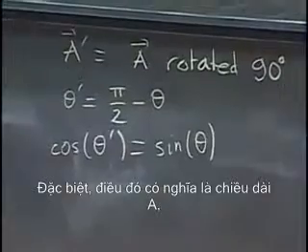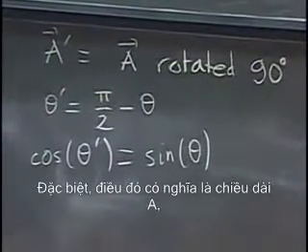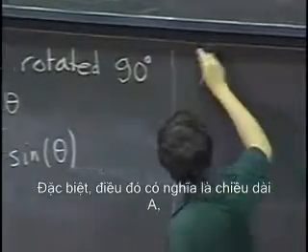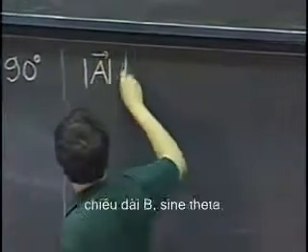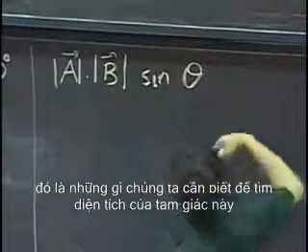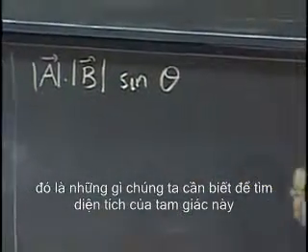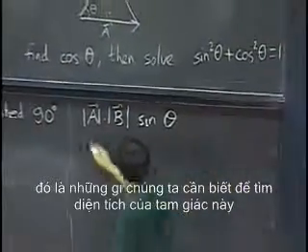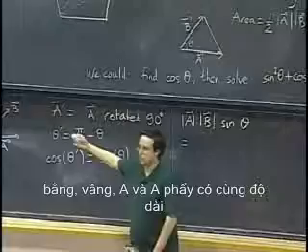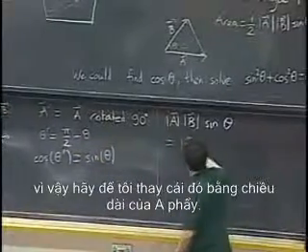Okay. So in particular, that means that length A times length B sine theta, which is what we would need to know in order to find the area of this triangle, is equal to, well, A and A prime have the same length. So let me replace that by length of A prime.